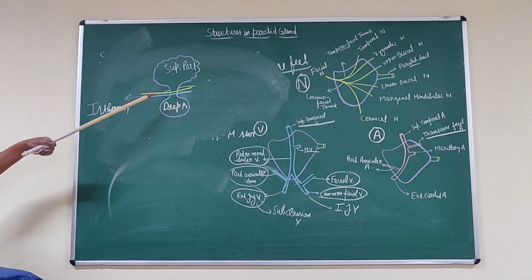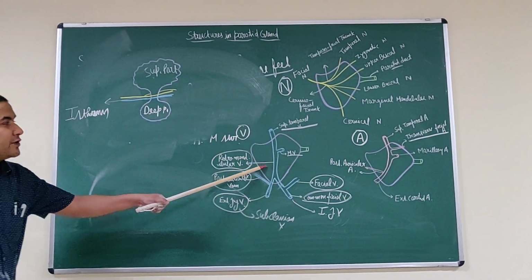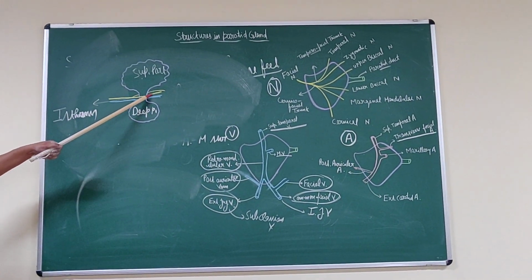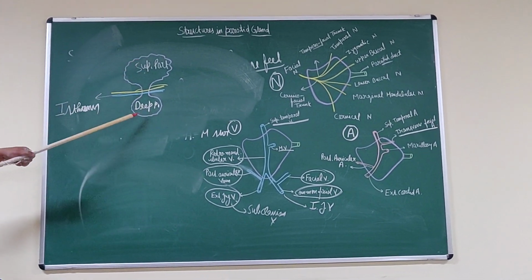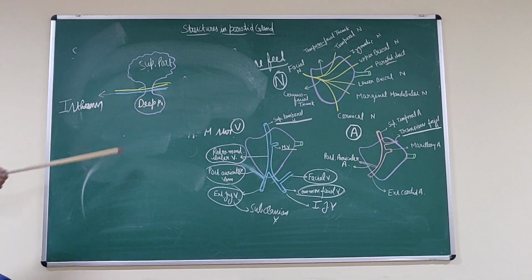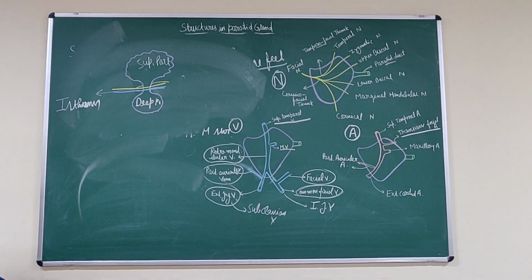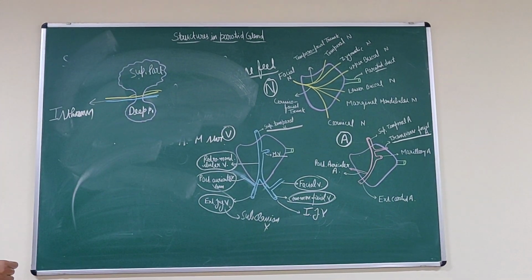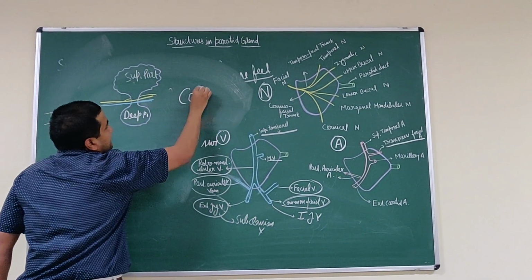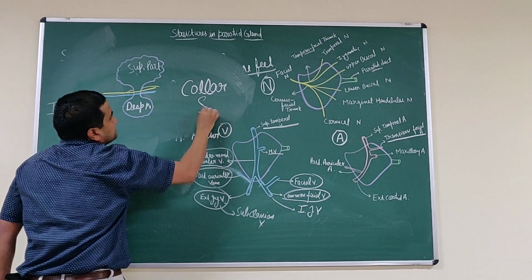These two structures, nerve and vein, are present around this isthmus, between these two parts, the superficial part and the deep part, and on the horizontal section it gives an S-shaped appearance, that is known as the polar stud.